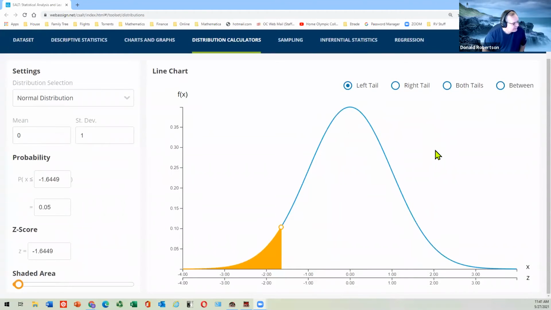We are looking for the probability that Z is greater than 2.76. Greater than is a right tail test. It's a one-tailed test. So there's your answer. The p-value is 0.0028. And that's you finished with that question.